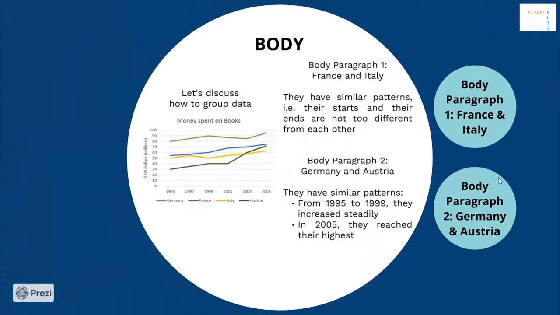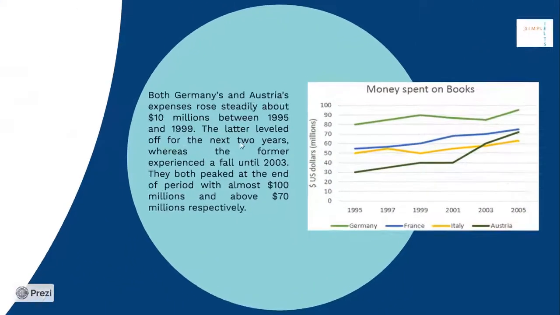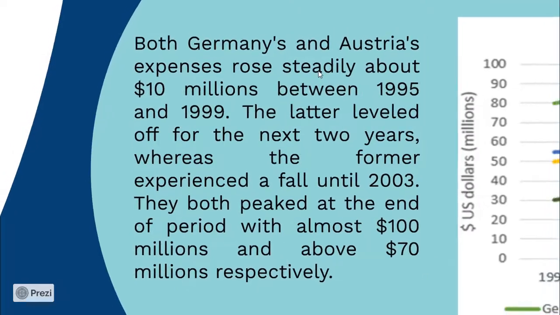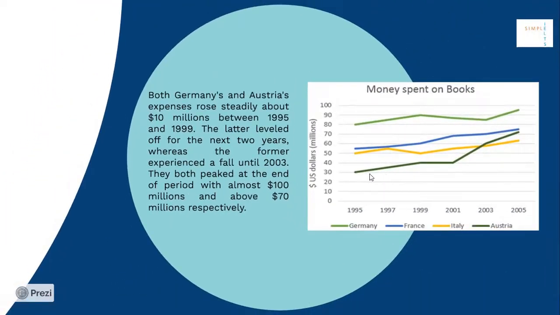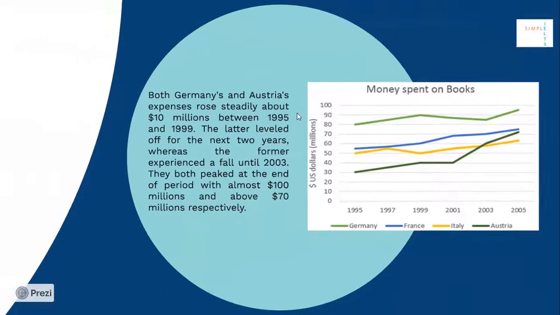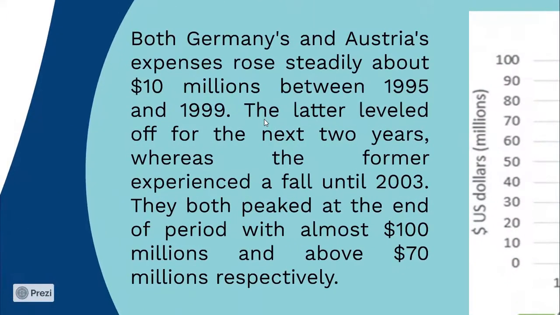Now let's talk about body paragraph 2, Germany and Austria. Both Germany's and Austria's expenses rose steadily, about 10 millions between 1995 and 1999. As I said previously, they increased steadily or rose steadily. Same meaning, okay? And then, in the next sentence, the latter leveled off for the next 2 years. The latter means Austria's expense.